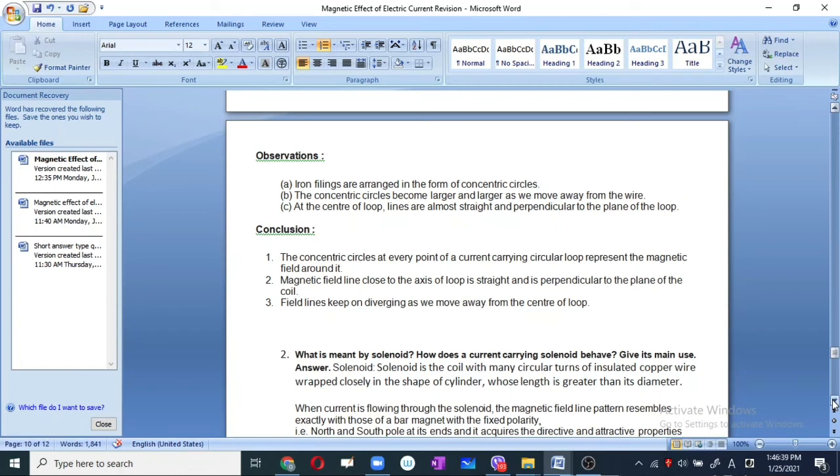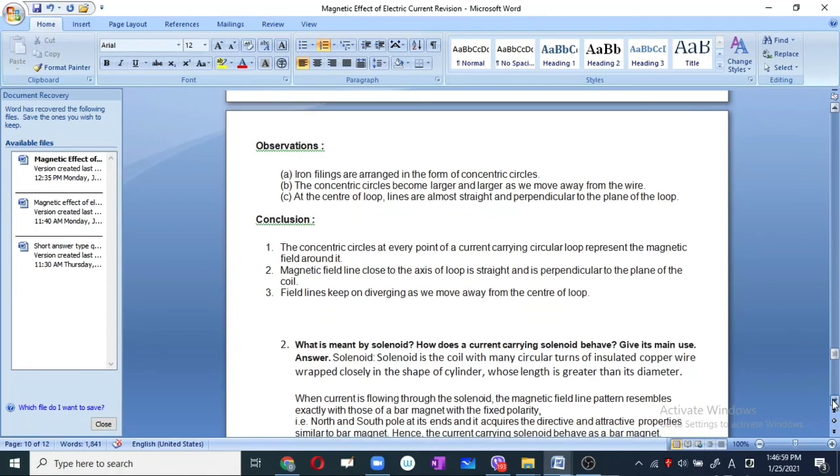At the center of the circular loop, the magnetic field lines are straight. Field lines keep on diverging as we move away from the center of the loop. That means they are in the form of circles.